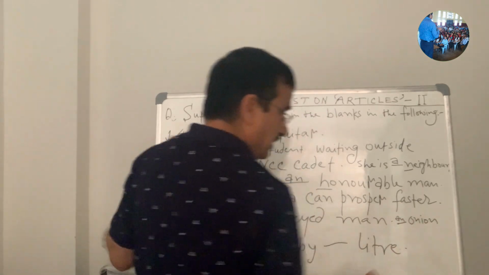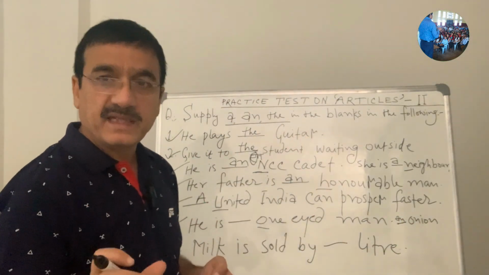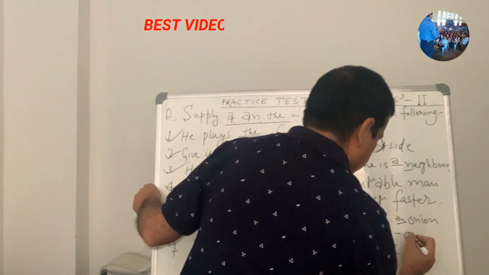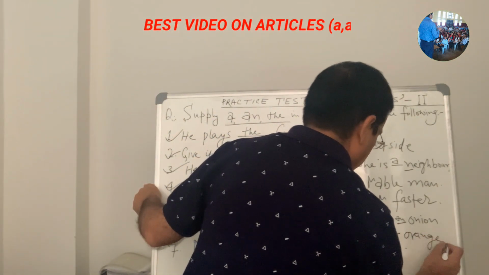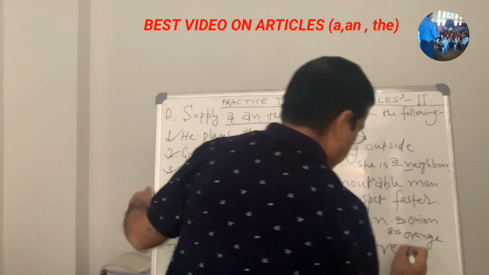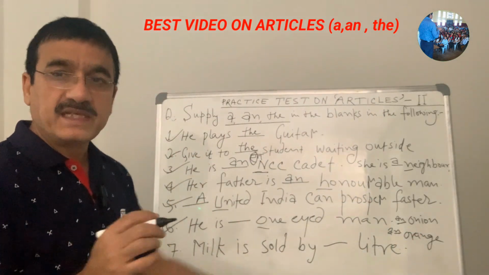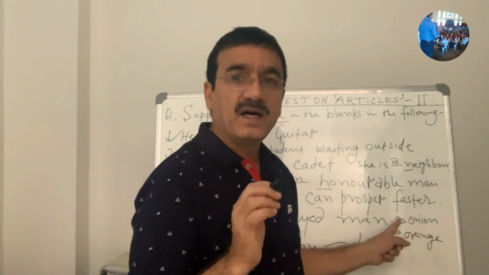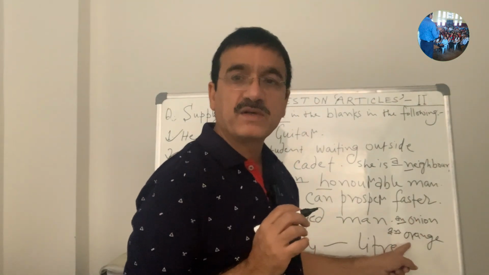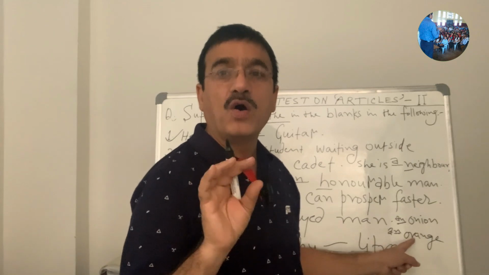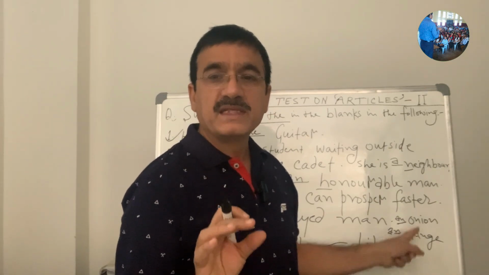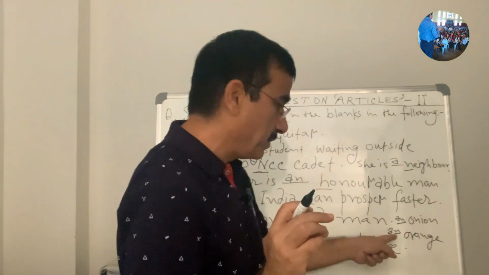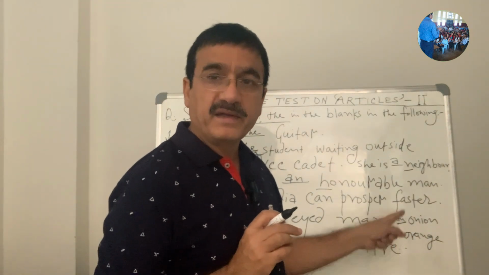An onion. He gave me an onion, because here the sound is a vowel sound. Likewise, say orange. What will come here? An orange, because here O is producing the O sound, like orange, ornament. In this situation it is a vowel sound, hence it will be preceded by an.